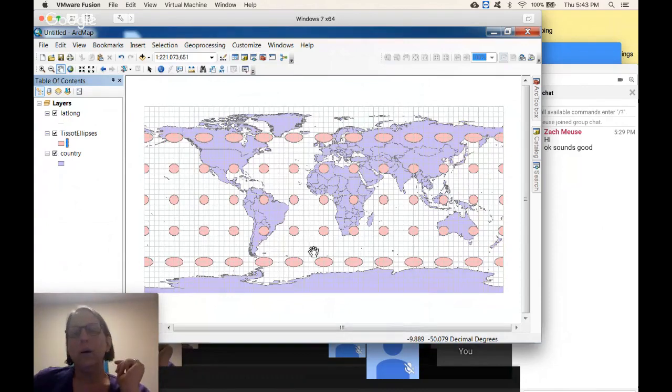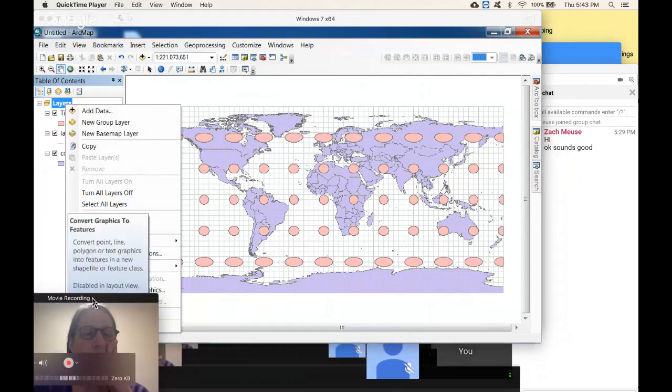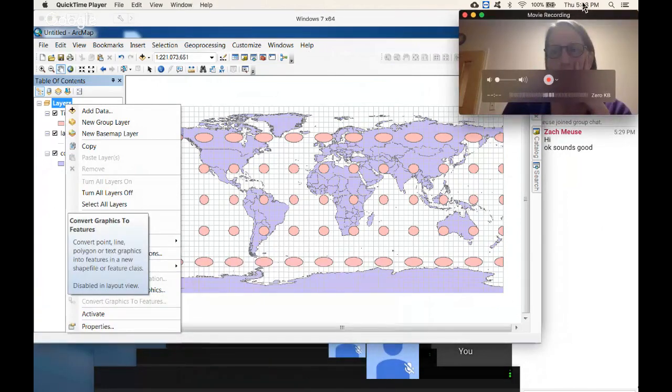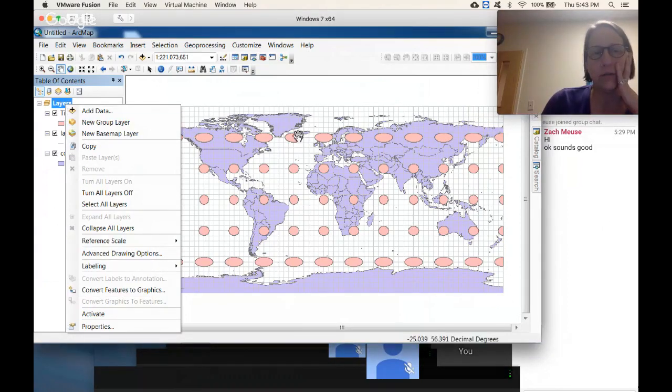Now, just to give you a little sense of what you're looking at here, I'm going to put the Tissot ellipses on top too. I'm going to change the projection for my map to one that hopefully won't crash my computer. And you may want to do this too, because it will help you think about the concepts that we're going to be talking about. So to change the projection for my data frame, I'm going to right click on layers and choose properties.